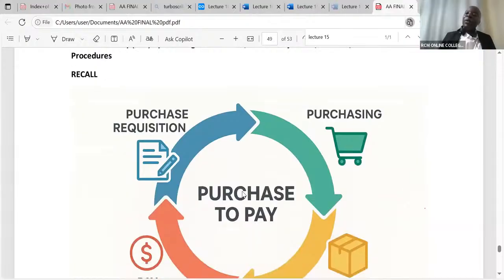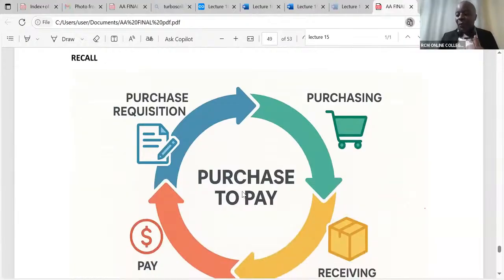Remember, ladies and gentlemen, whenever you want to place an order, you want, in this case here, to buy, for example, as at RCM, marker pens. So we must have a person or a department that should be able to raise what we call a purchase requisition. They are requesting, we want a marker pen.